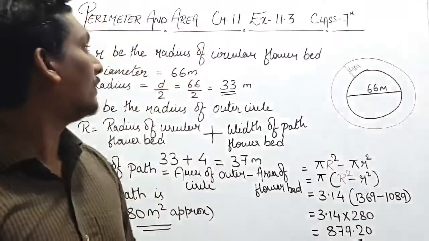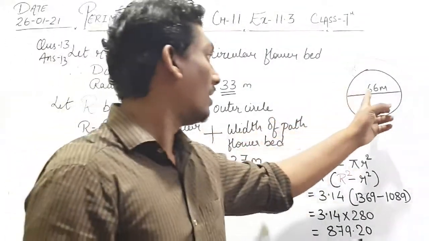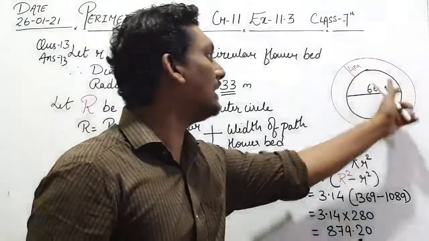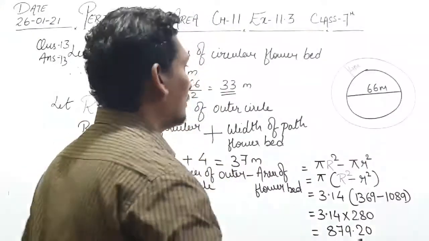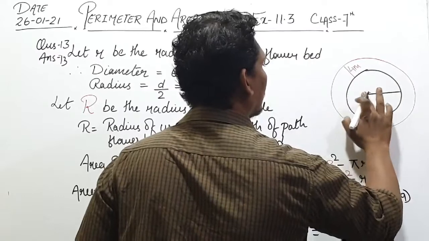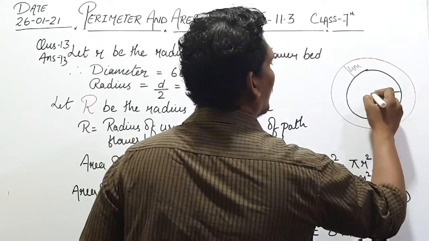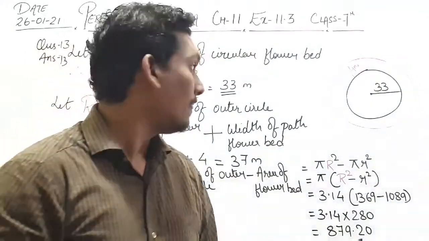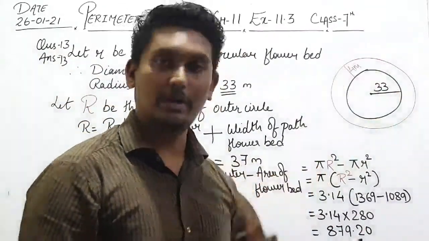Now 33 is the radius of the inner circle. I'm just rubbing here, I'm just making the radius. So up to this point it is 33. Now the radius of the inner circle is 33.